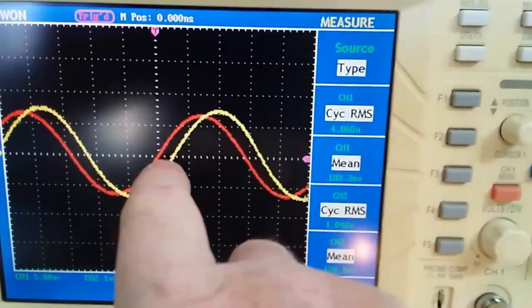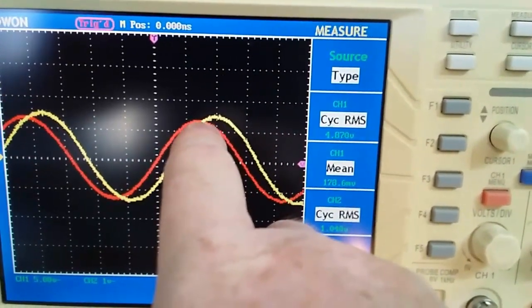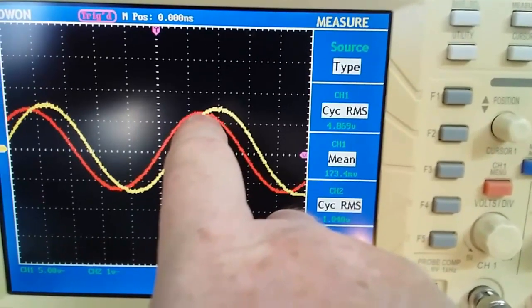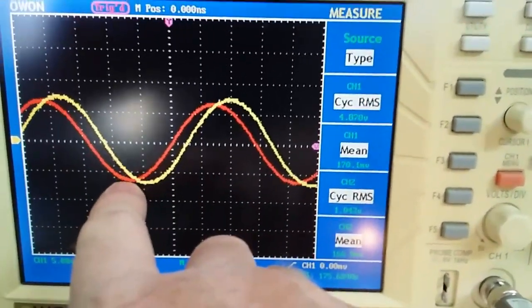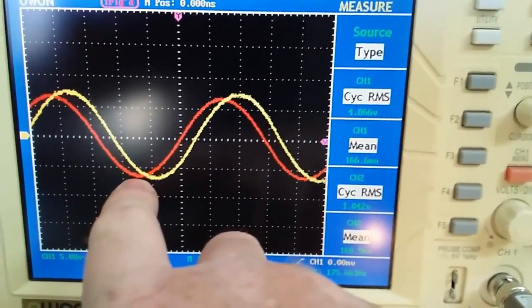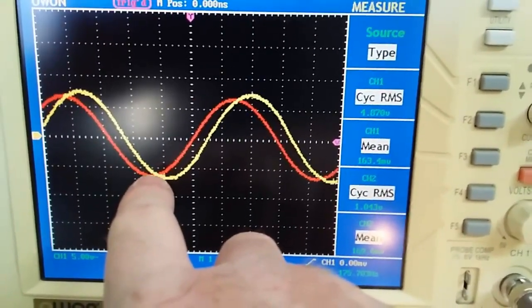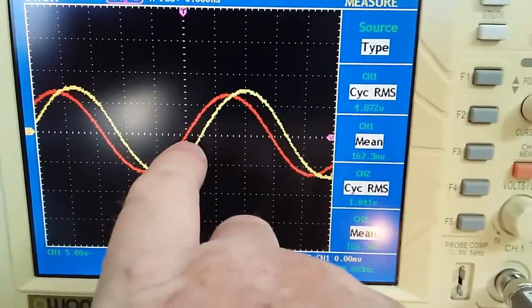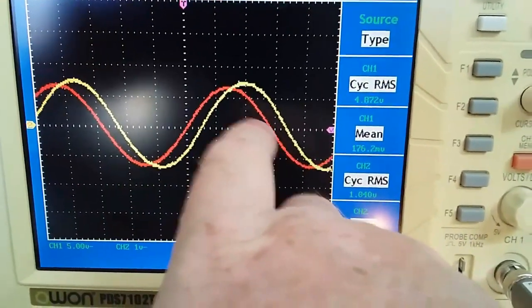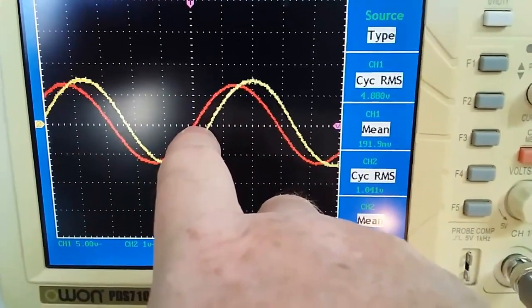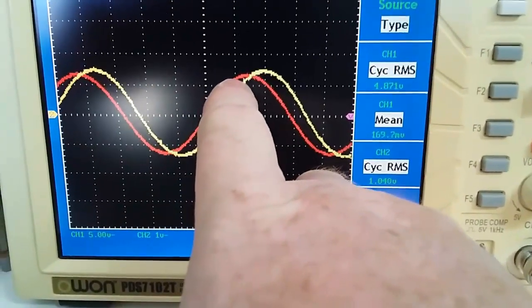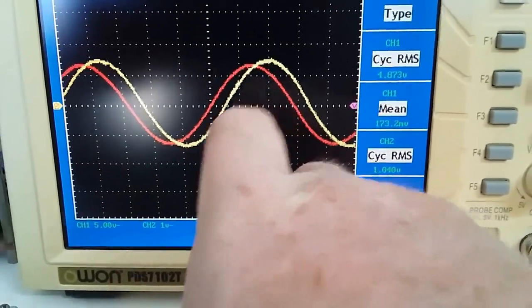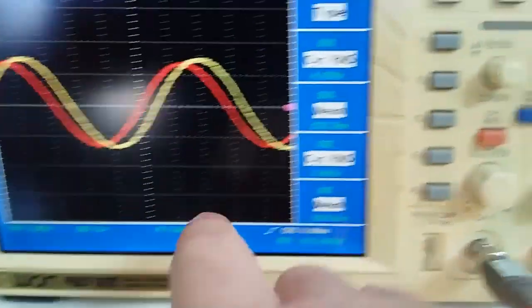Okay, so say we've got 1 point at the top and it's 1, so it's measured 1, and then we've got 1 point at the bottom and it's -1. What we're seeing there is 1 plus -1 equals 0, so that will be the 0 line. So what the scope's saying for the mean value is there's just about as many positive numbers as there are negative numbers.